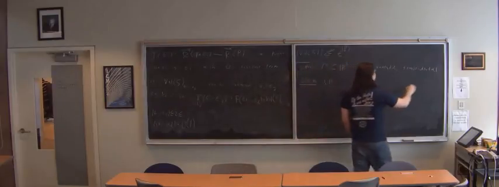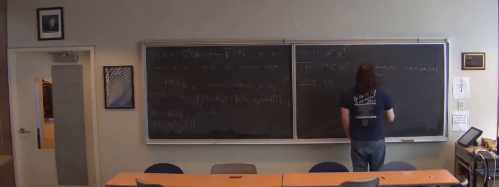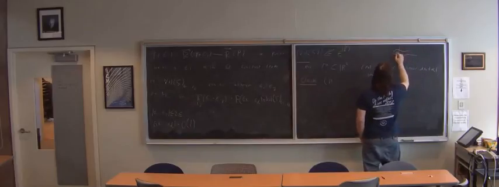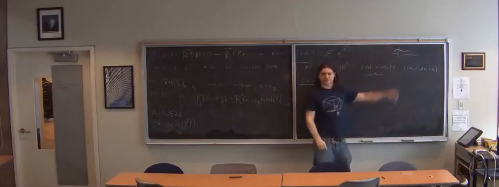And let's make it compact as well. What I really mean is that gamma is some real analytic curve, and we take some compact piece of gamma. I want it to be analytic at the endpoints as well, to make this argument work out.